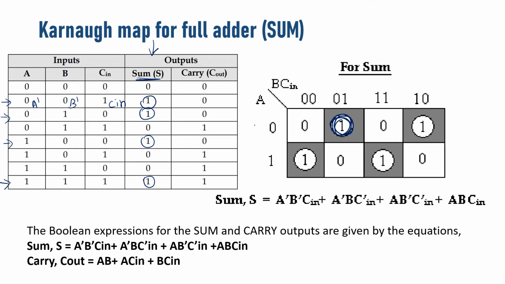Next to that, here it is A dash, B, C in dash. This place we are supposed to map.